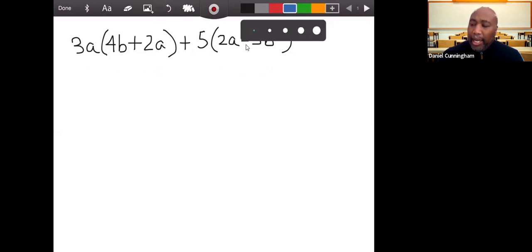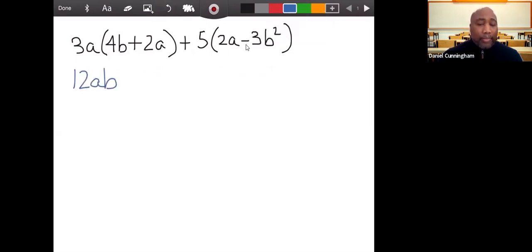So for 3a times 4b, that gives me 12ab. And then the 3a times the 2a gives us plus 6a squared. Again, same base, you multiply with the same base, you add the exponents. Don't forget there are ones on top.